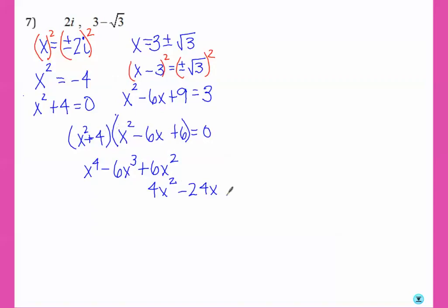And 4 times 6 is plus 24. If we combine all our like terms, we get x to the 4th minus 6x cubed plus 10x squared minus 24x plus 24.